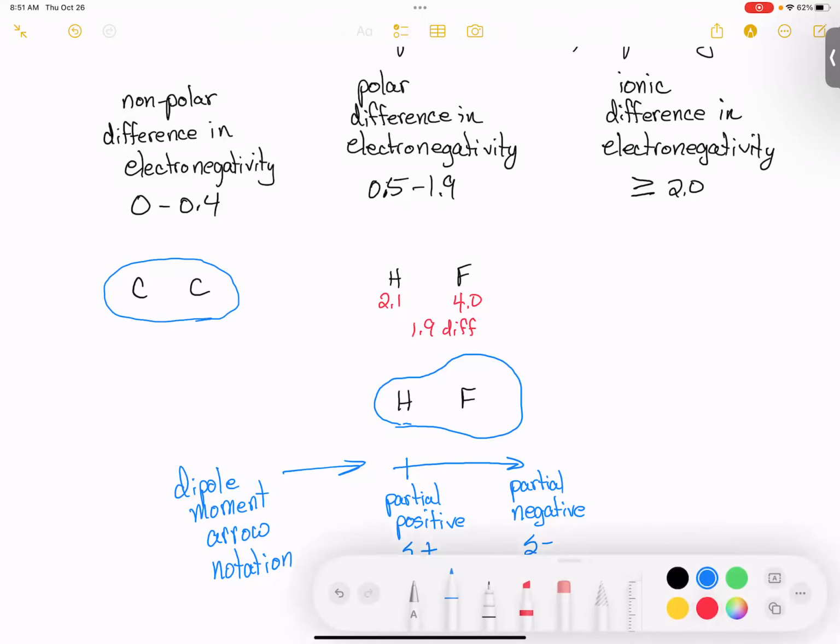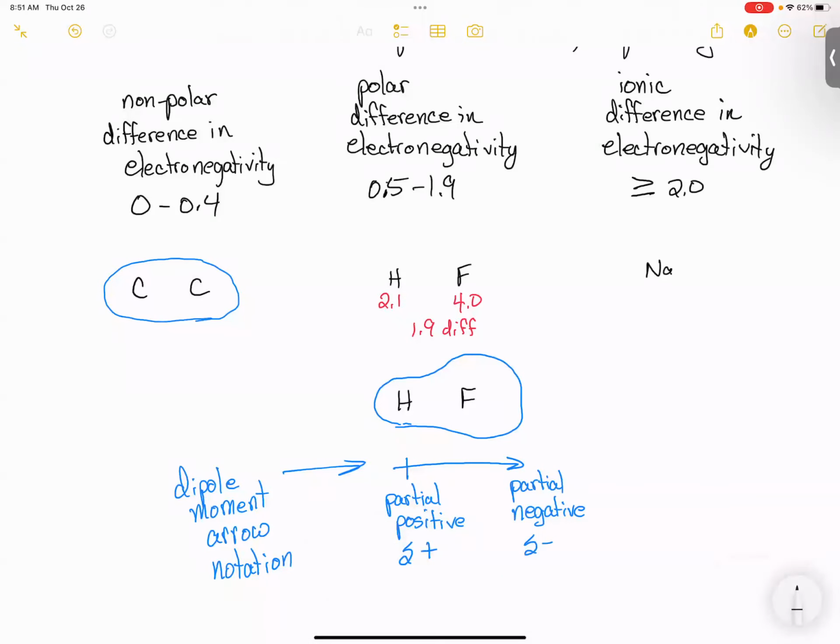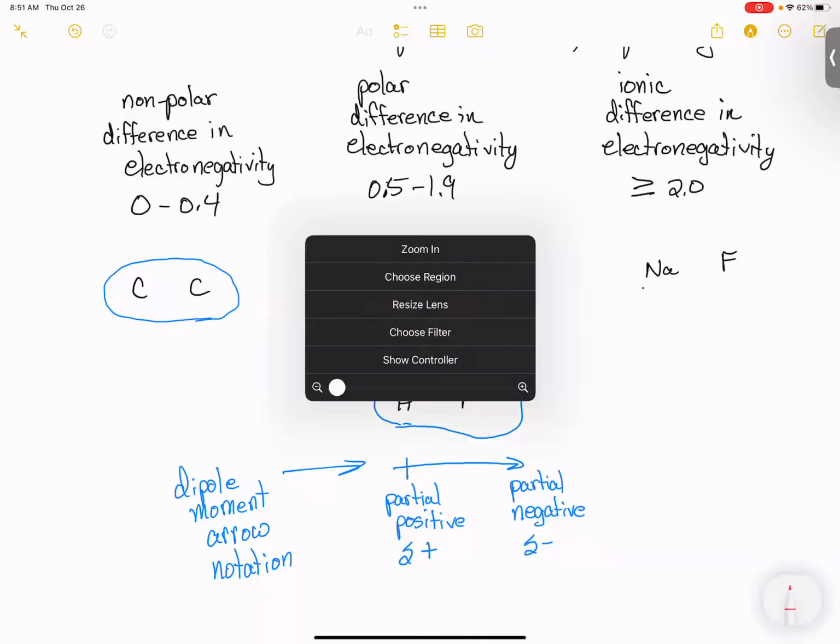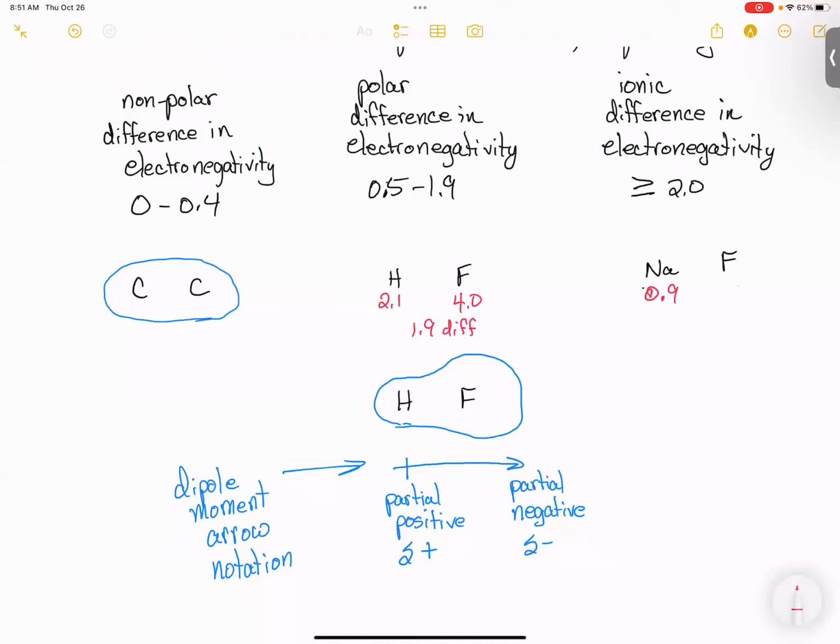Then let's talk about NaF. Sodium, if I'm not mistaken, has an electronegativity of 0.9. Fluorine has an electronegativity of 4.0. We're talking about a 3.1 difference here.